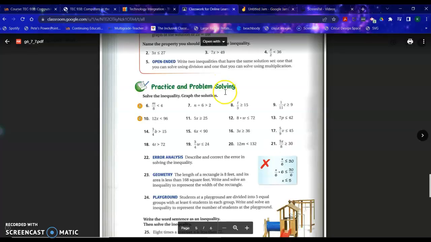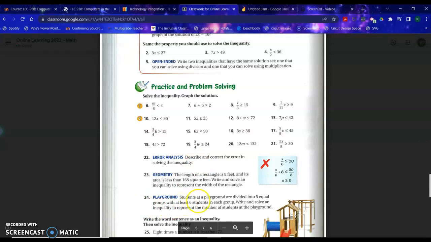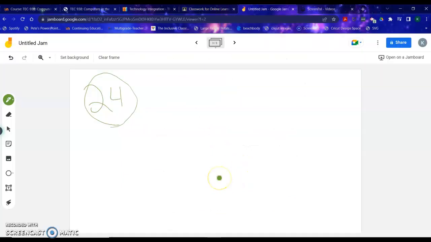So number 24 says, students at a playground are divided into 5 equal groups with at least 6 students in each group. Write and solve an inequality to represent the number of students at the playground. So we're going to want to set it up like this: x divided by 5 is less than 6.